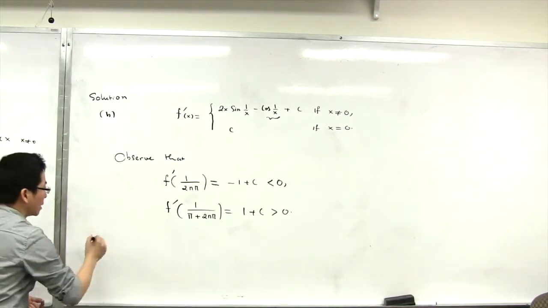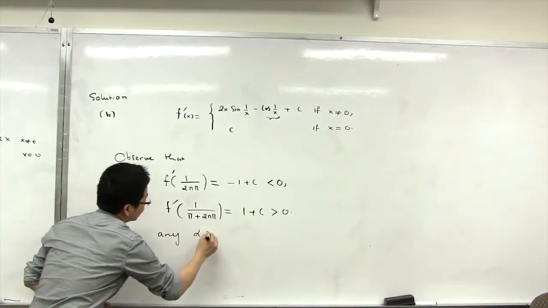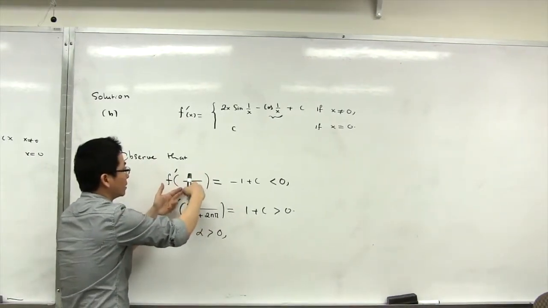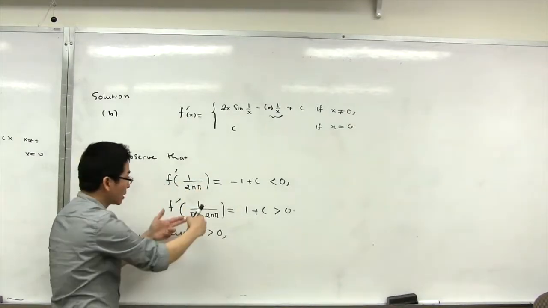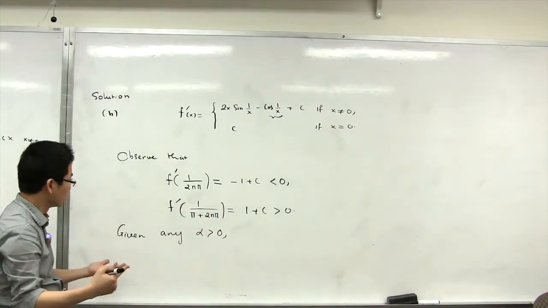Okay. Now, given any alpha greater than 0, as you can see, as n approaches infinity, 1 over 2n pi approaches 0, and 1 over pi plus 2n pi also approaches 0.